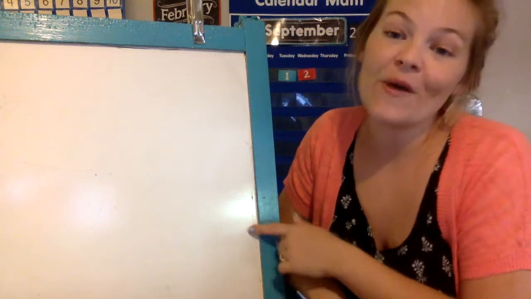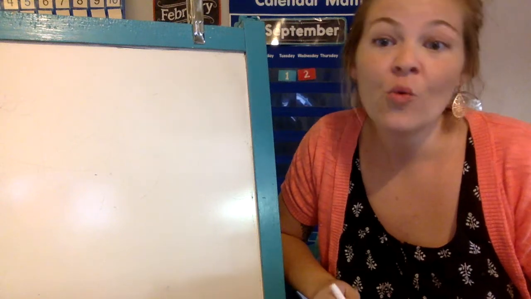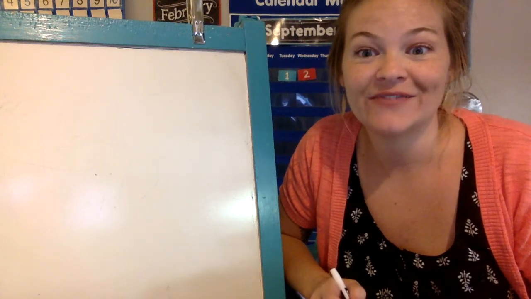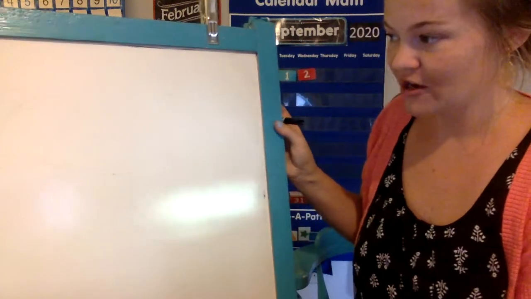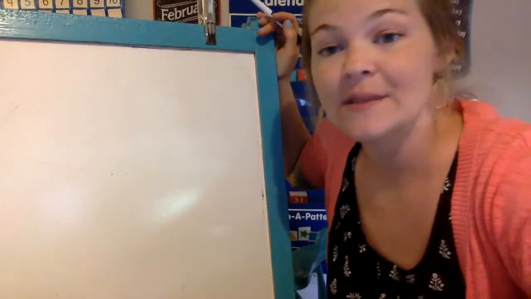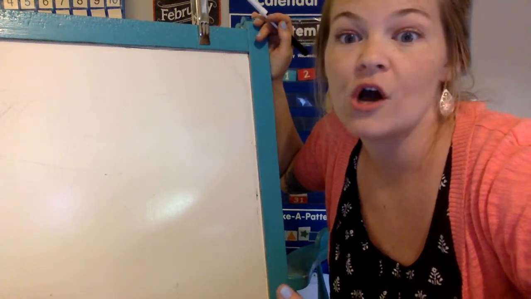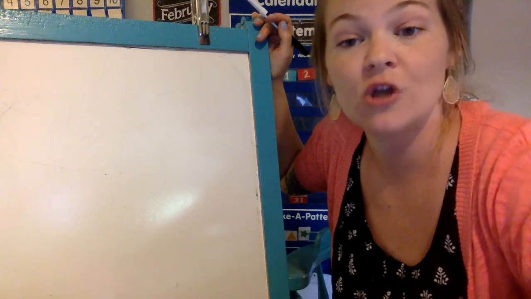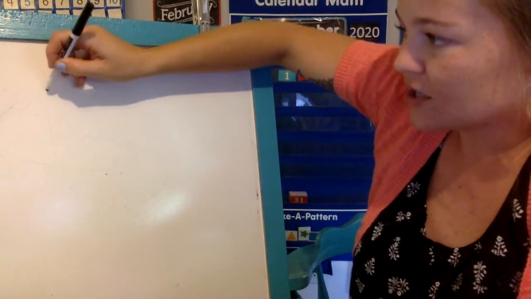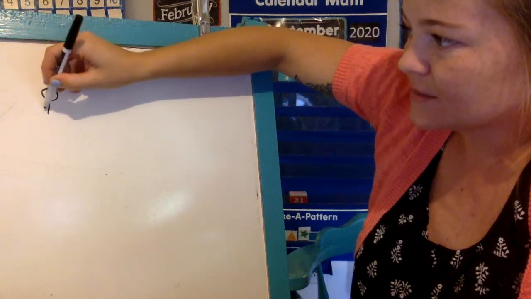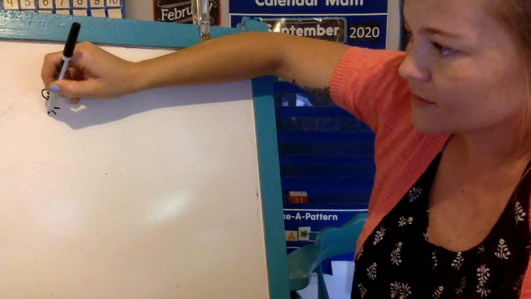So the example one that I'm going to do is a tally chart for what my family wants to do this evening, okay? So if I were going to do a tally chart for that, I would come up with some options, right? Maybe we could walk the dog. Maybe that's one of our options, is to go on a walk with our dog around the neighborhood. So let's see, I'll draw somebody walking.